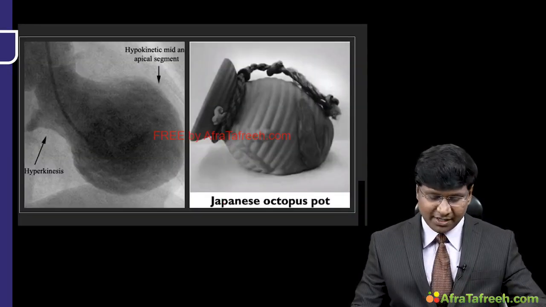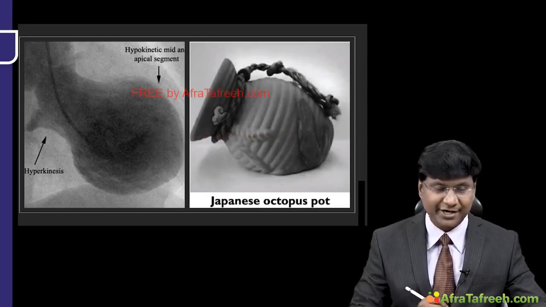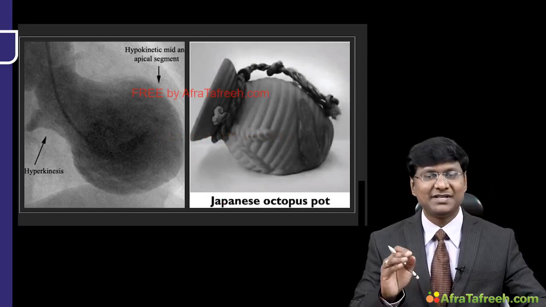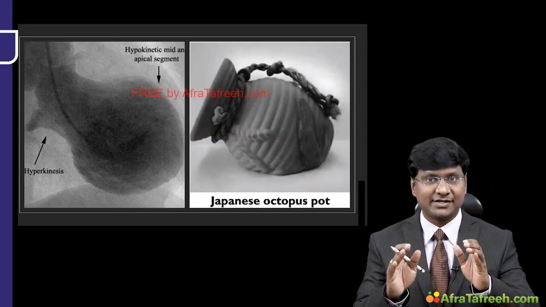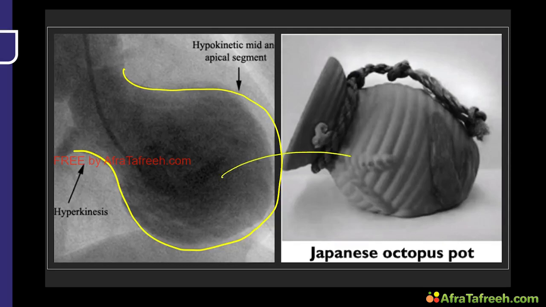Right. So first and foremost, you need to understand why it is called Takotsubo cardiomyopathy. That is because the left ventricular apex, where the problem is in Takotsubo cardiomyopathy, is dilated and hypokinetic in such a way that it looks similar to an object called Takotsubo.